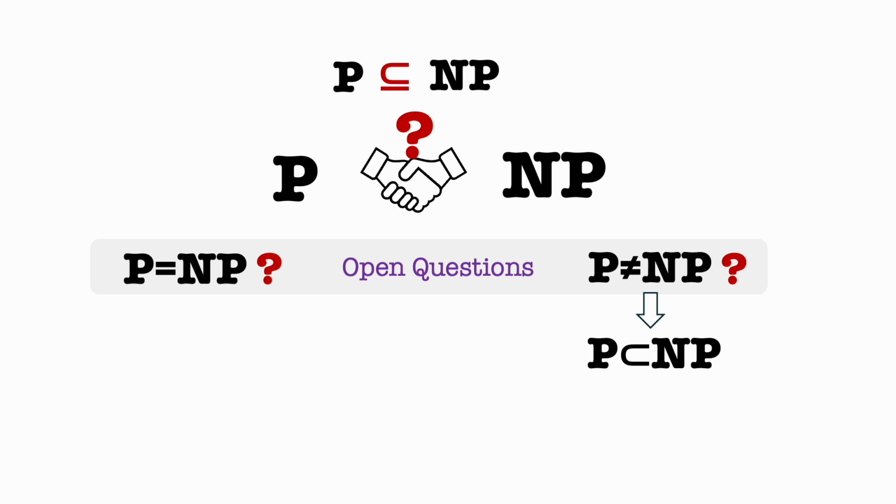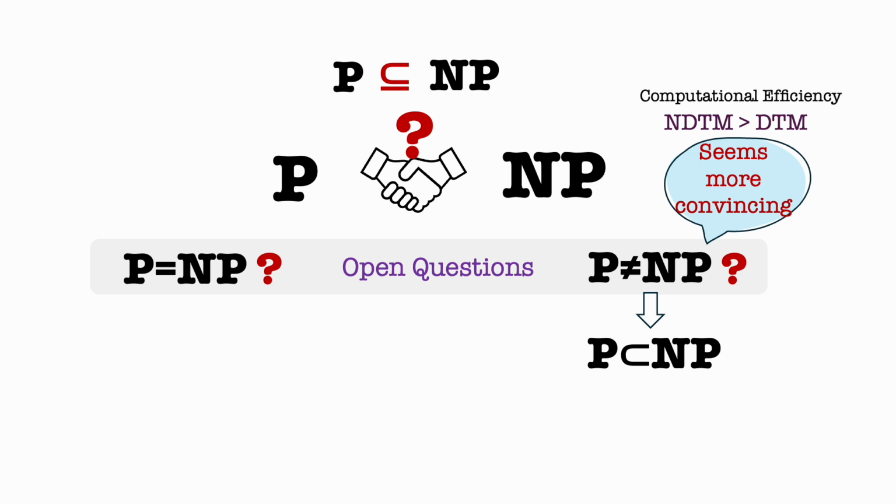The idea that P is not equal to NP, that is, P is a proper subset of NP, seems more convincing because a non-deterministic Turing machine appears more powerful than a deterministic Turing machine because it can solve certain problems much more efficiently. However, it cannot solve problems that a deterministic Turing machine cannot. It can only solve them faster in the theoretical model.